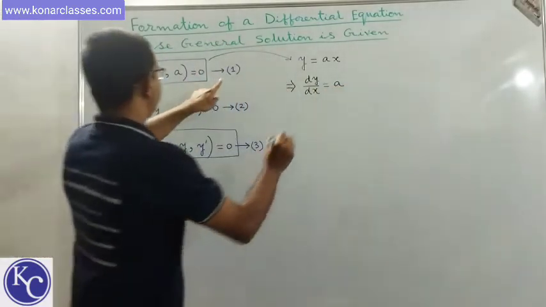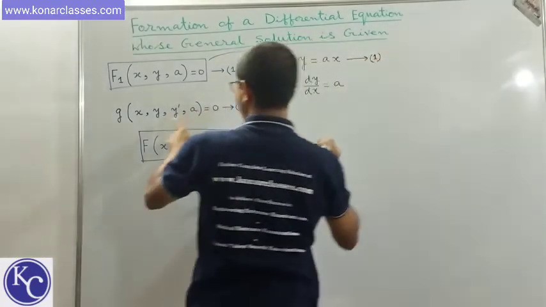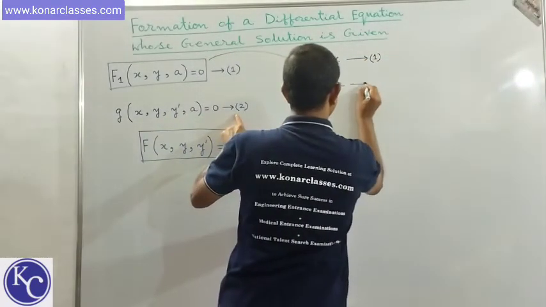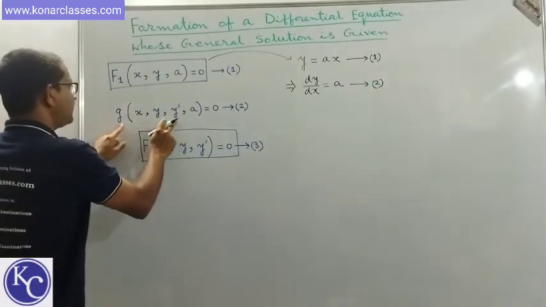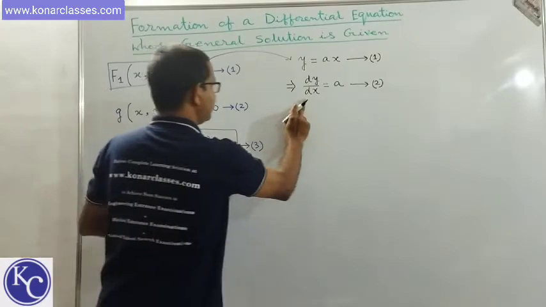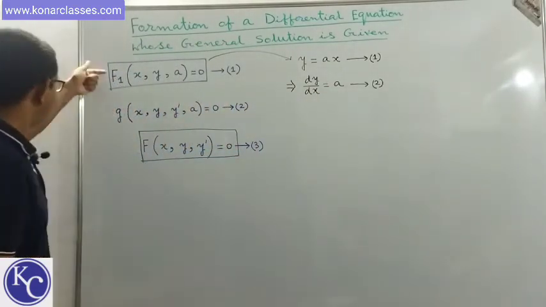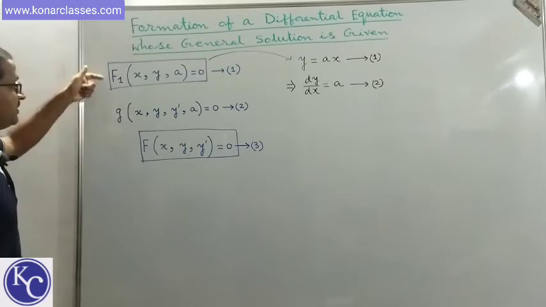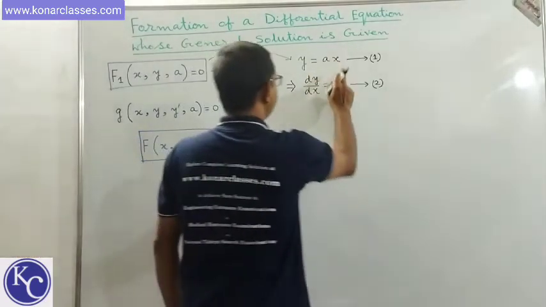So as if this is equation 1 and as if this is equation 2, that is g(x, y, y dash, a), like this, dy/dx equal to a, correct? Now as I said, we need to remove that arbitrary constant by solving equations 1 and 2, and that's what we are going to do.